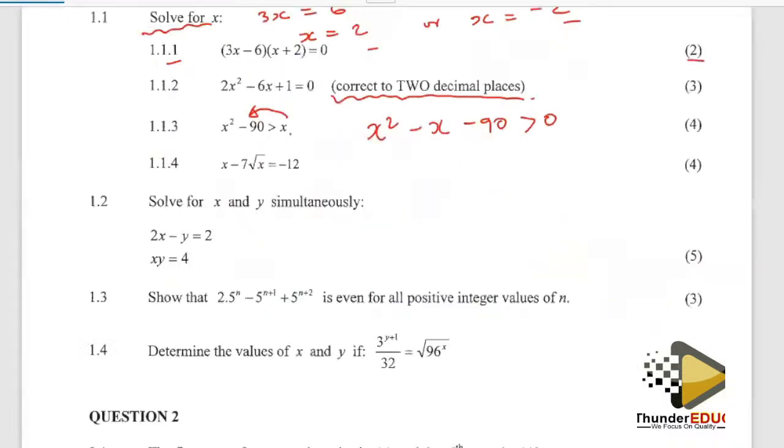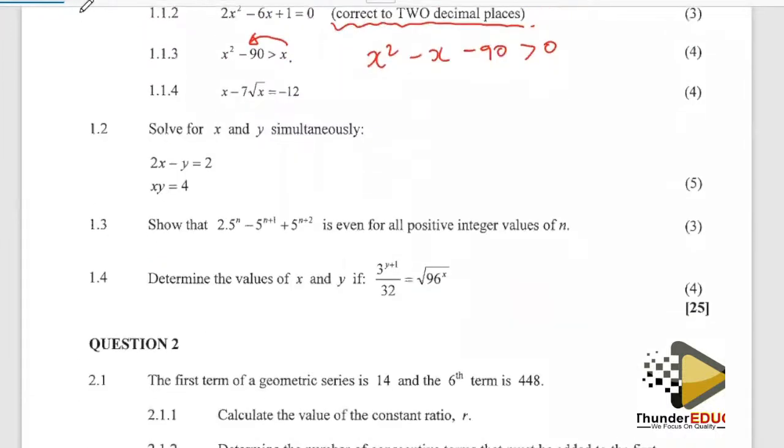1.1.4. You are told that you have x minus 7 root x is equal to negative 12. With such questions that have square roots involved, the deal is very simple. Just isolate this root sign. Move anything that is bordering the root sign with either a plus or a minus.